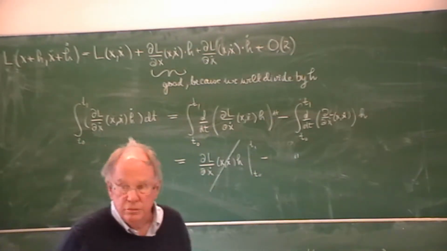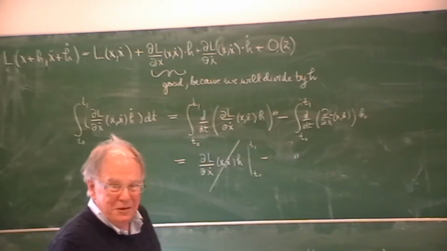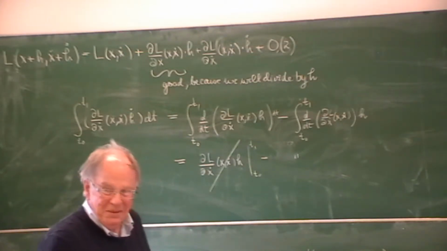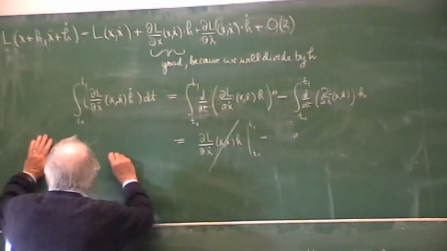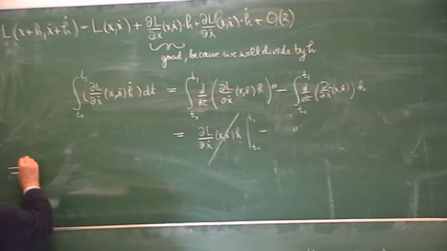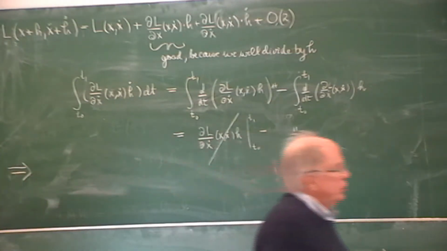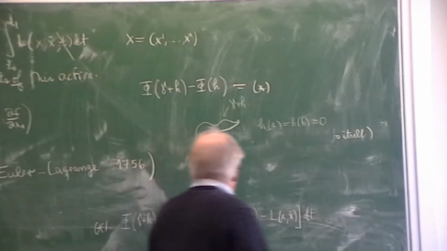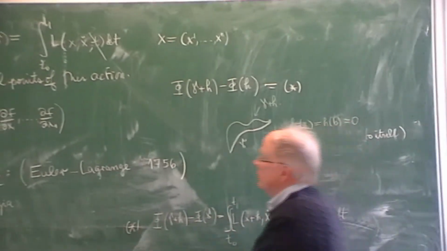So that is a beautiful application of integration by parts, because you will easily check that the order 2 terms that appear here someplace, where's the order 2 stuff? Is it anywhere?